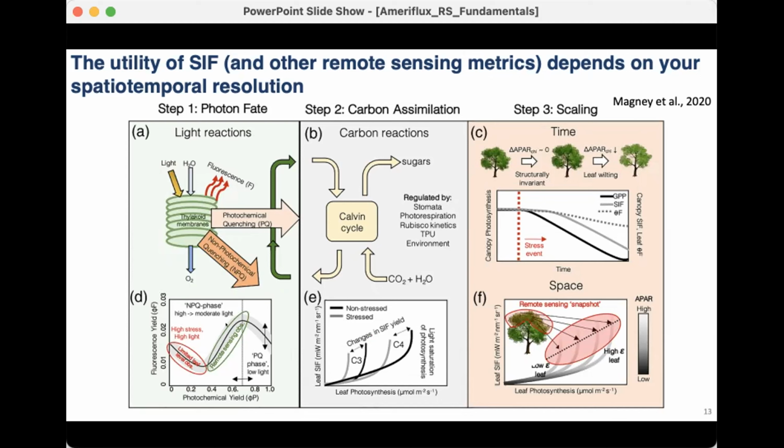And so we generally have a pretty linear relationship between the two. I would also recommend this paper if you're interested in learning more about the nuances between SIF and GPP and why there might be divergence or convergence between the two.